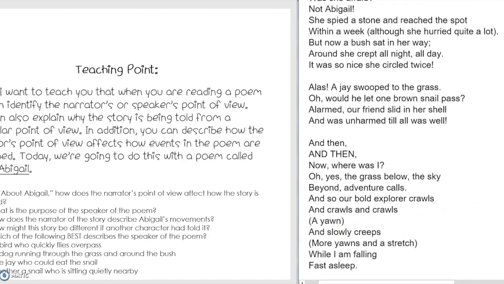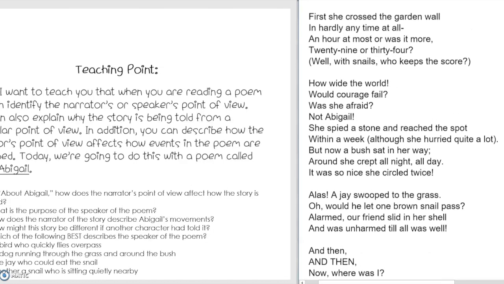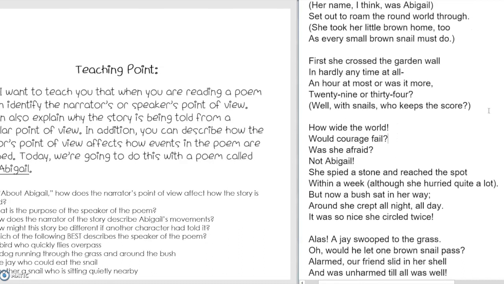And further up, we've got this part where she says, an hour at most, or was it more, 29 or 34, well with snails, who keeps the score. So clearly many hours had passed.